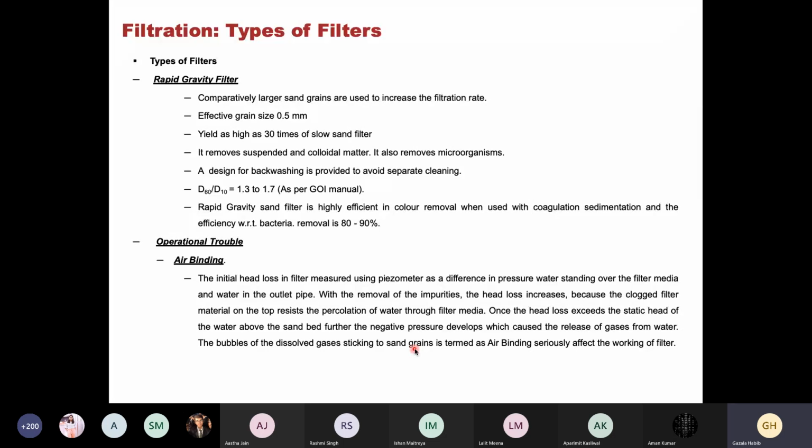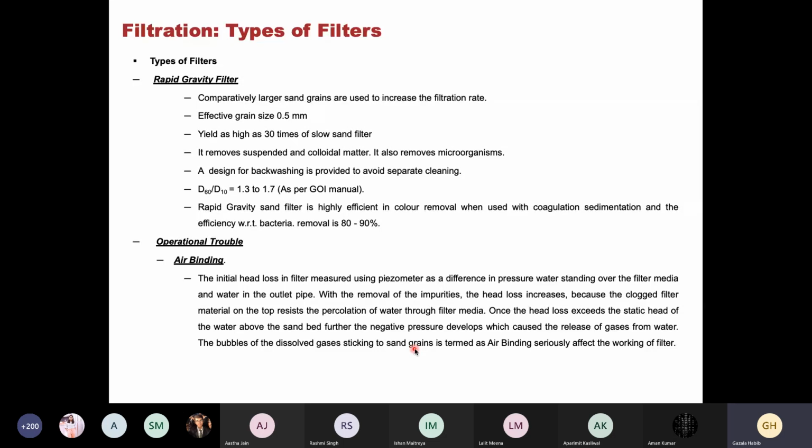This bubble will further cause the clogging of the voids, and that process is called air binding. They will just block or clog the voids in the sand media, and seriously it will affect the working of the filter. So that is one problem that may happen.